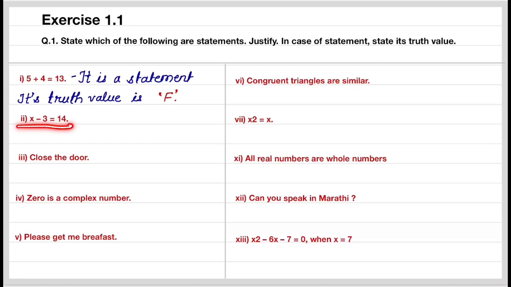Second example, x minus 3 is equal to 14. This sentence is true if x is equal to 17. And for all other values of x, this is a false sentence. So, it is not a statement.